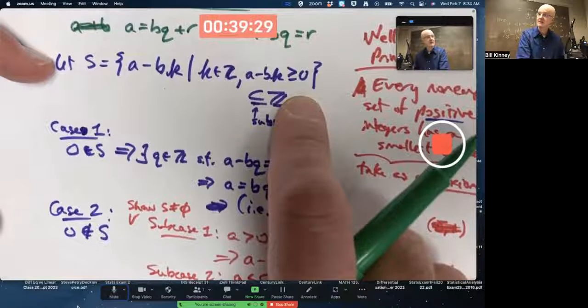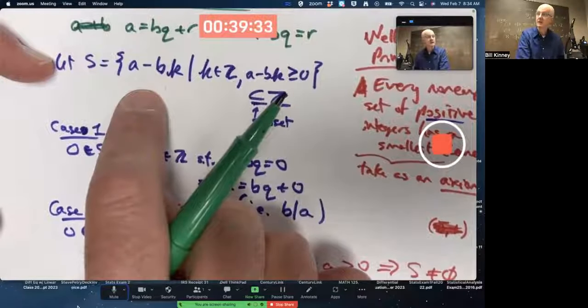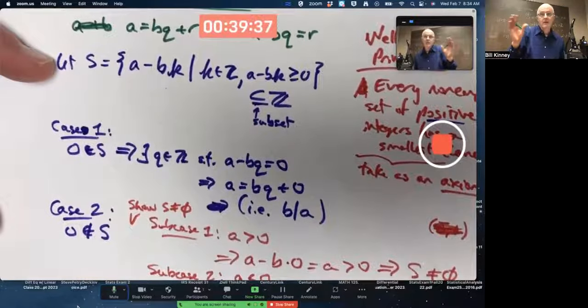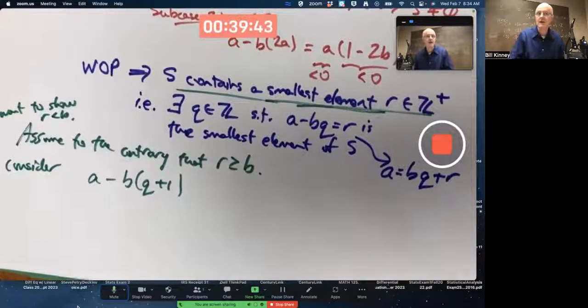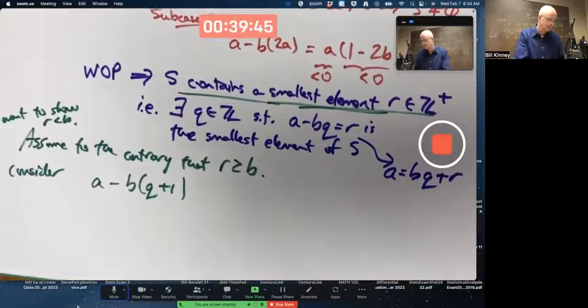And if it does, that would be an element of S smaller than R, contradicting that R is the smallest. That's sort of you're hoping is what's going to happen. It's not clear that it will happen, but it's just something you try when you do the scratch work.